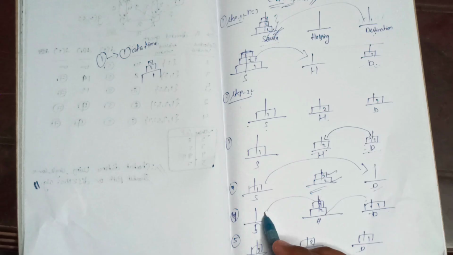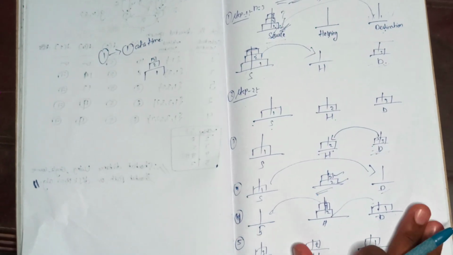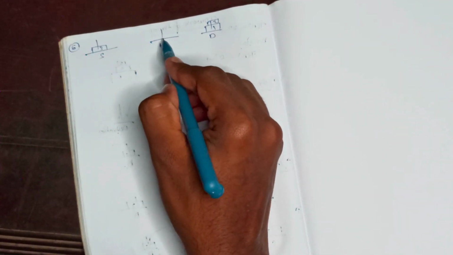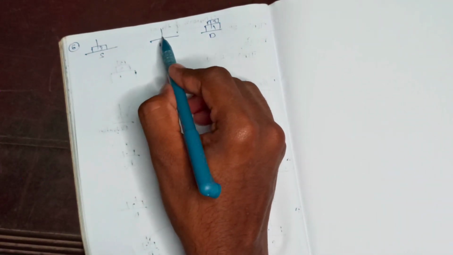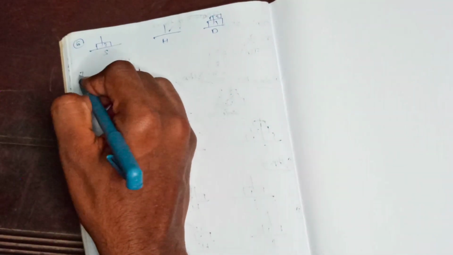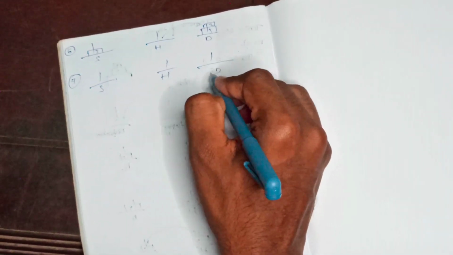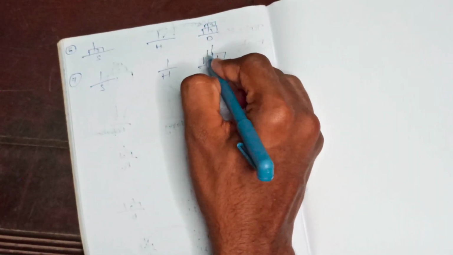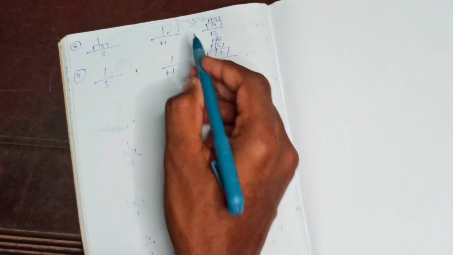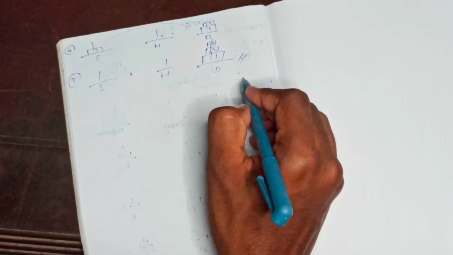So we shift the 3 into the source, like mentioned here. Next, the sixth step, we send the 2 to the destination, and the final step is source, helping and destination, that is 1, 2 and 3. We shift source to the destination, which will be the final output for Towers of Hanoi.